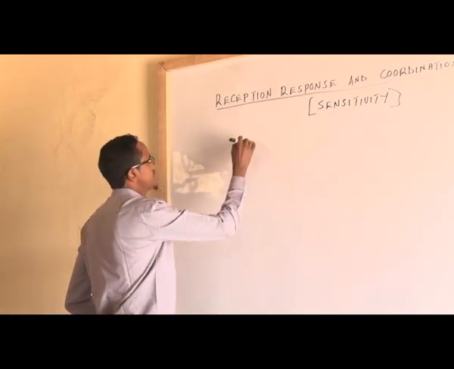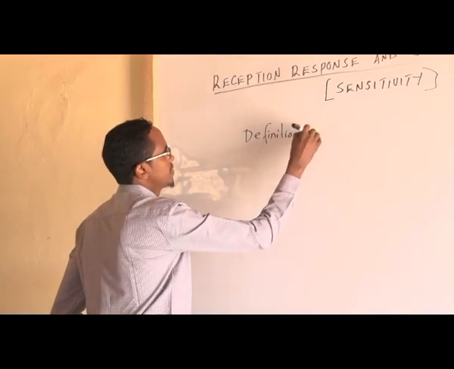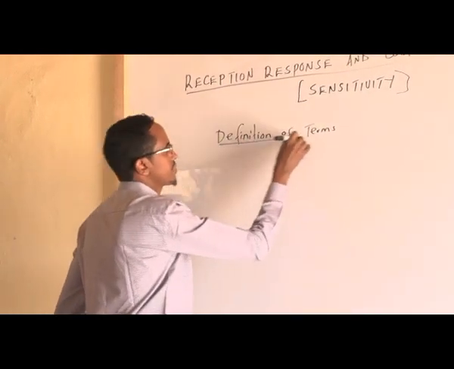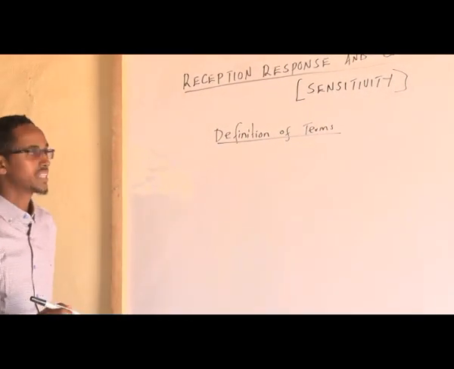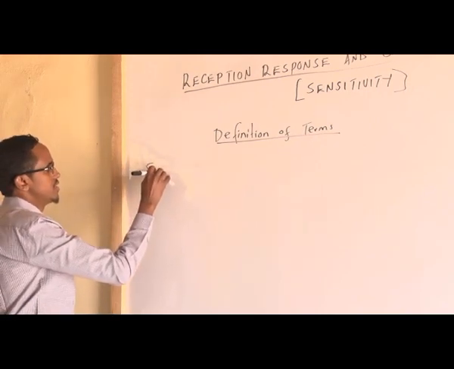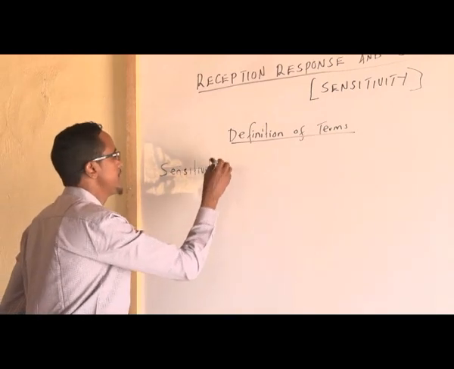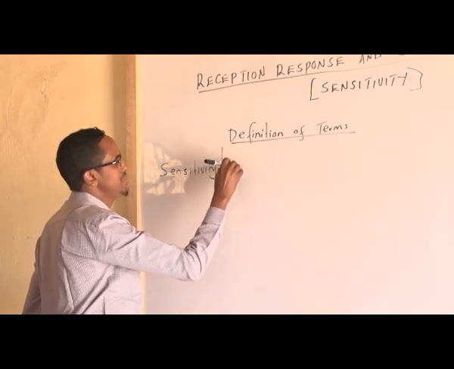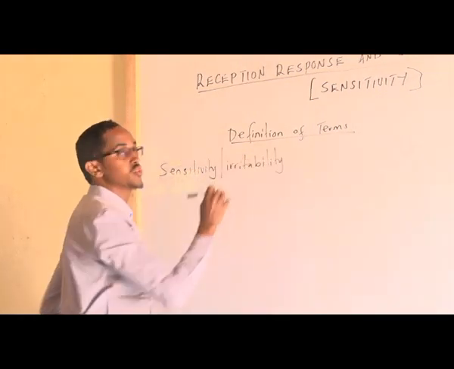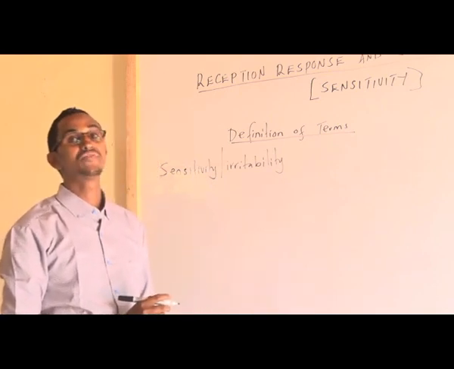For example, if I say definition of terms, some of the terms that we need to know is sensitivity itself. Sensitivity is also called irritability. Some may call it responsiveness.